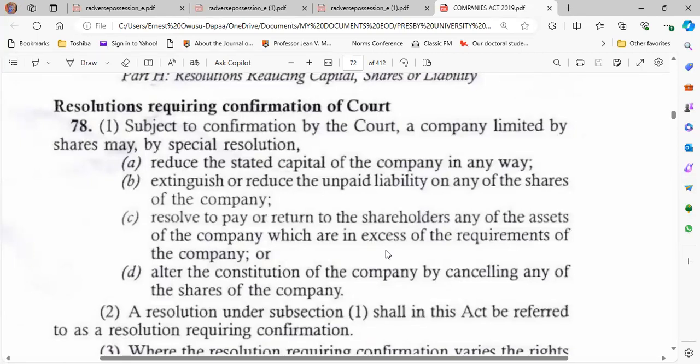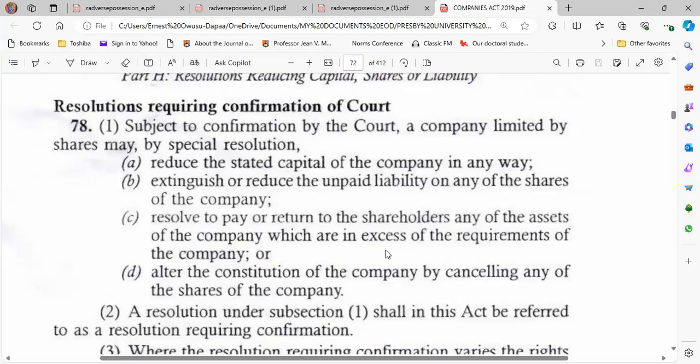Then a special resolution requiring confirmation of court under section 78(1) may also relate to alteration of the constitution of the company by cancelling any of the shares of the company. You can also cancel shares of the company. Cancelling shares of the company here relates to a situation where, for whatever reasons, you don't want the shares of the company to remain as they were.